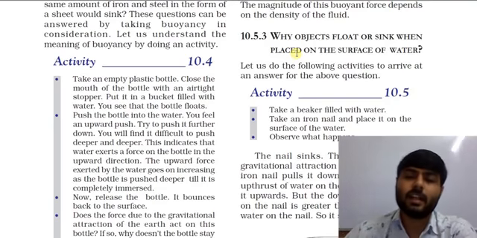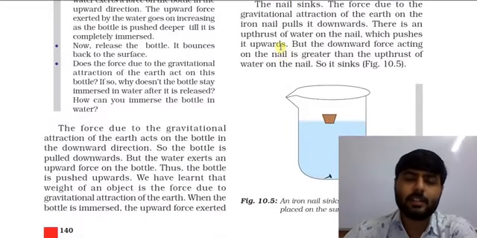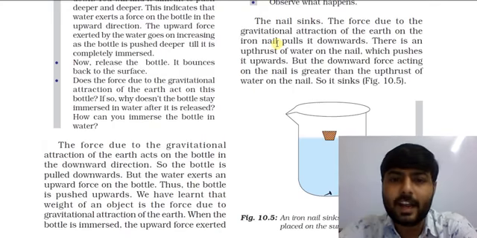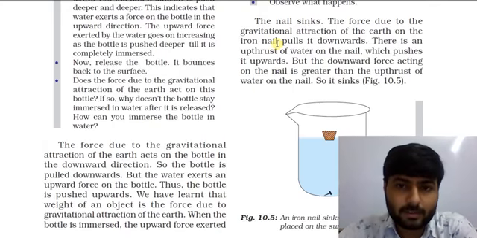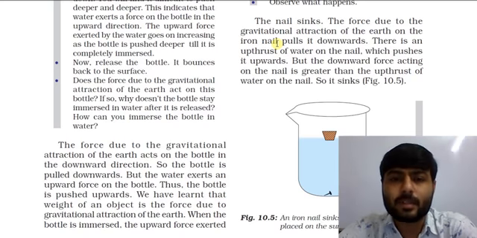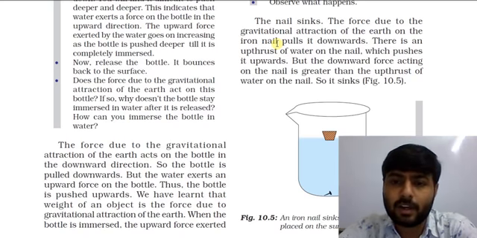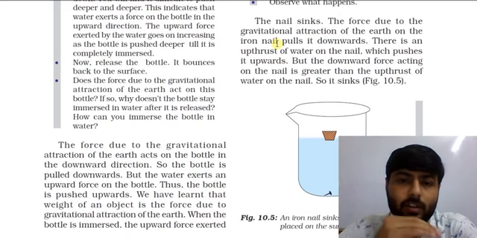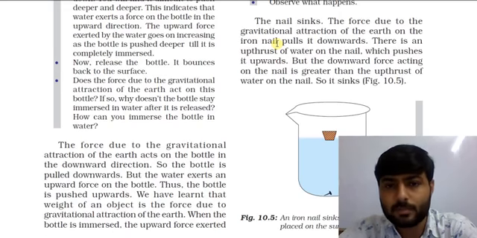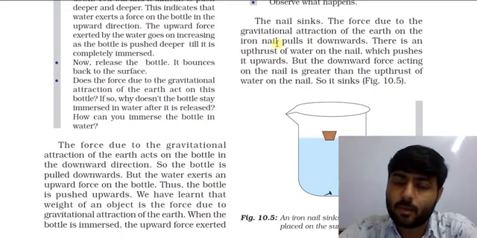In that we did an activity. We put a nail and a cork on water, and we saw that the nail sinks in the water while the cork floats in the water.